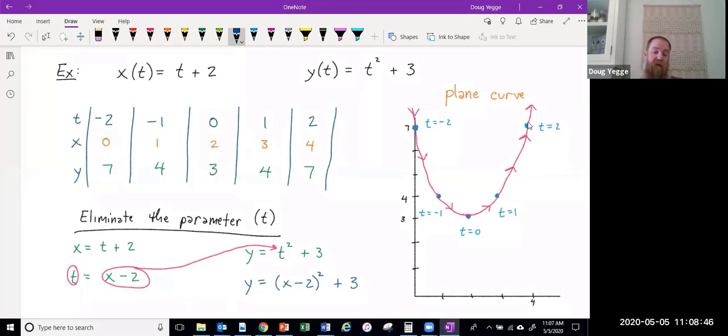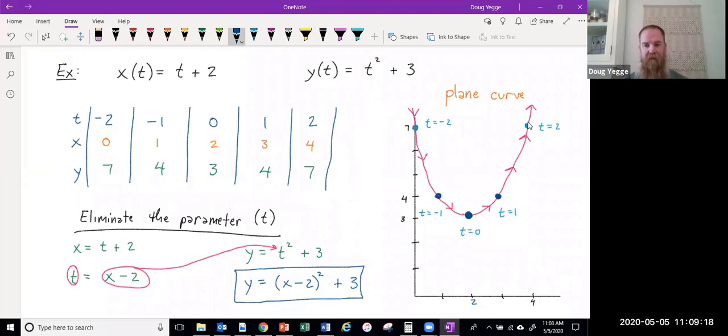And that's the actual function. So the plane curve could be described by that function. The problem is, if I just eliminate the parameter and graph this function, which unsurprisingly is a parabola shifted right 2 and up 3, then all I have are points.